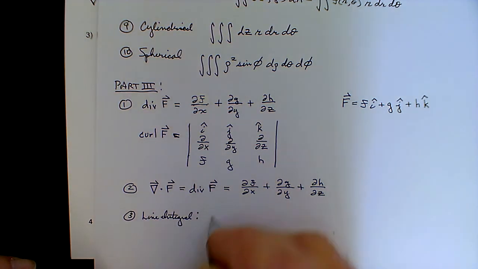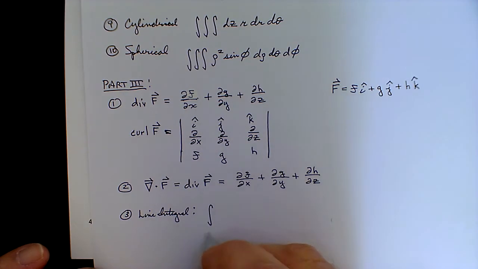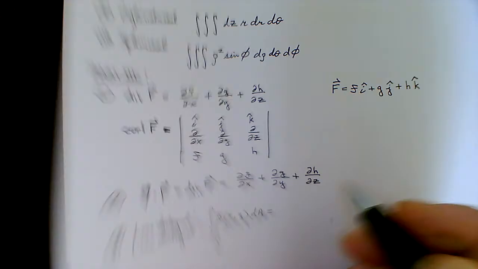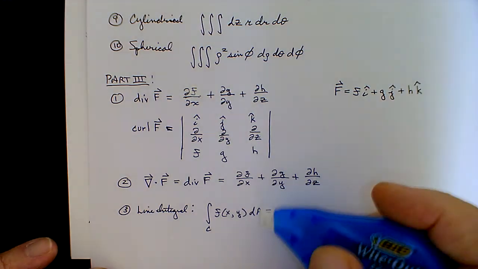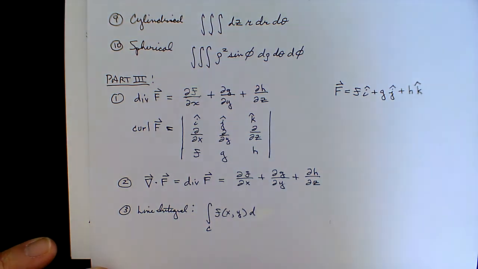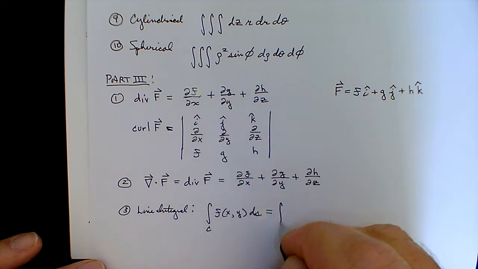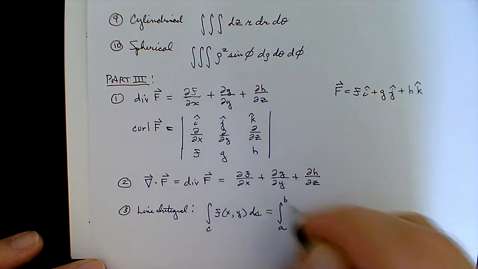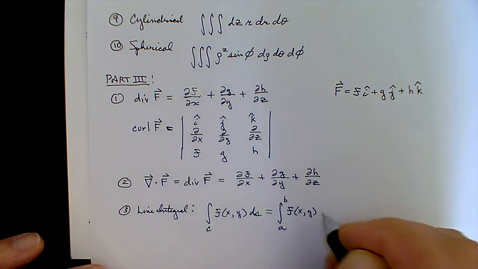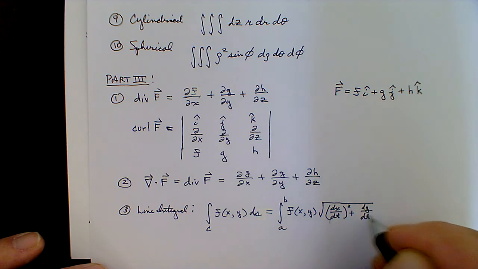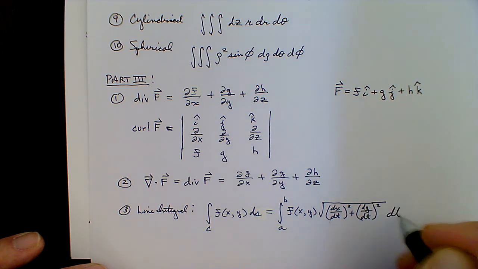For the line integral, we say that the integral on the curve of a function with respect to s, s being the arc length, recall, is equal to, and then for this question it's formally the integral from a to b of the function f of x, y, but then the differential ds is given by dx dt as a quantity squared plus dy dt as a quantity squared, and then that would be with respect to t.